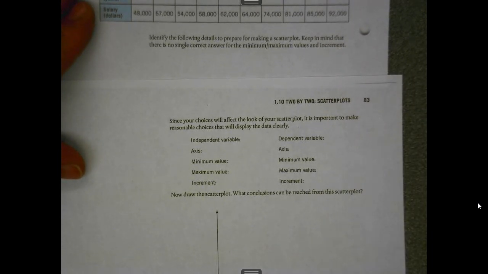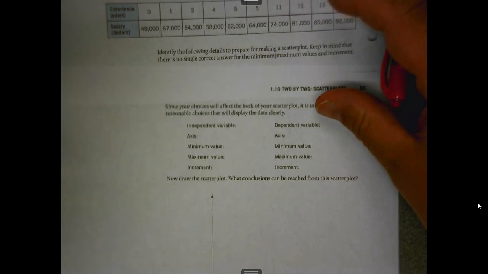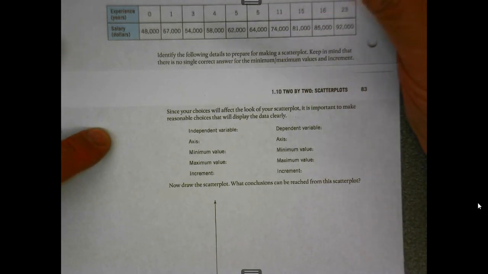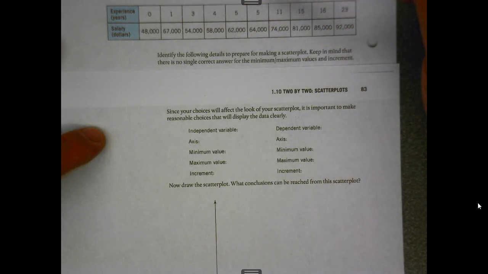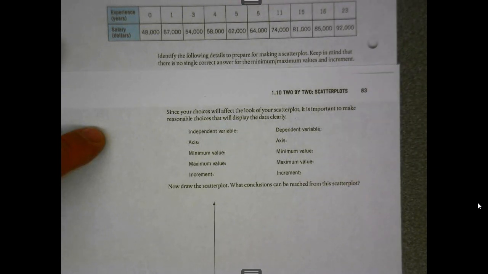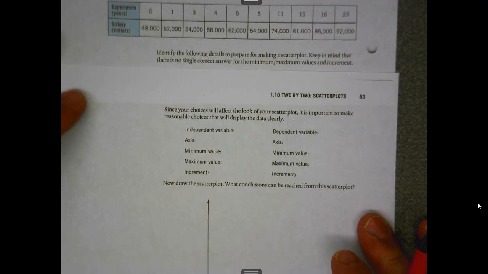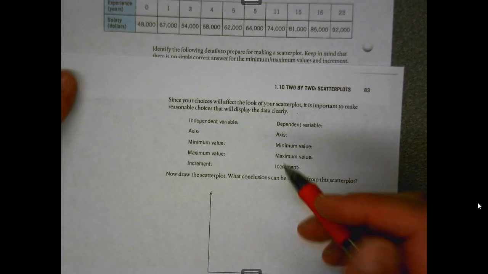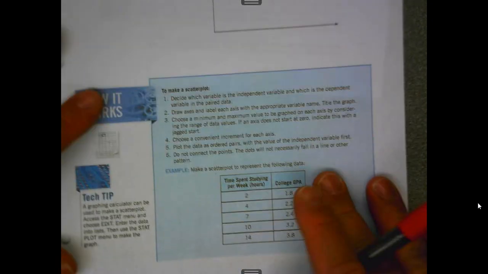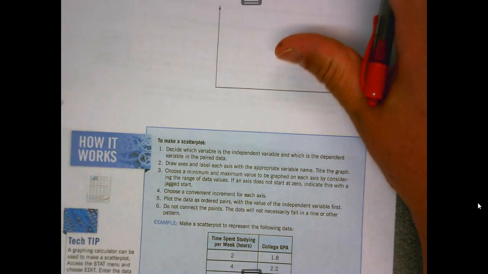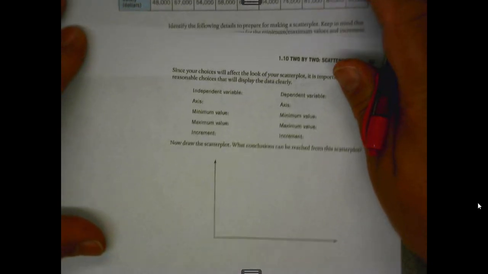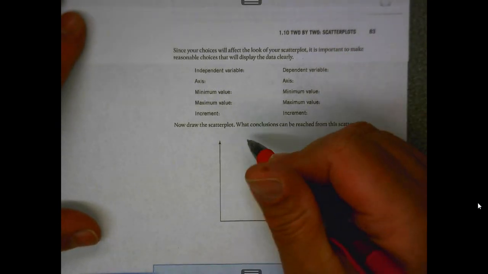So don't forget the title of the chart. In fact, here's the steps. I would make the title right away so I don't forget what my title is. So this is going to be years of experience and salaries. Because I usually end up forgetting my title.